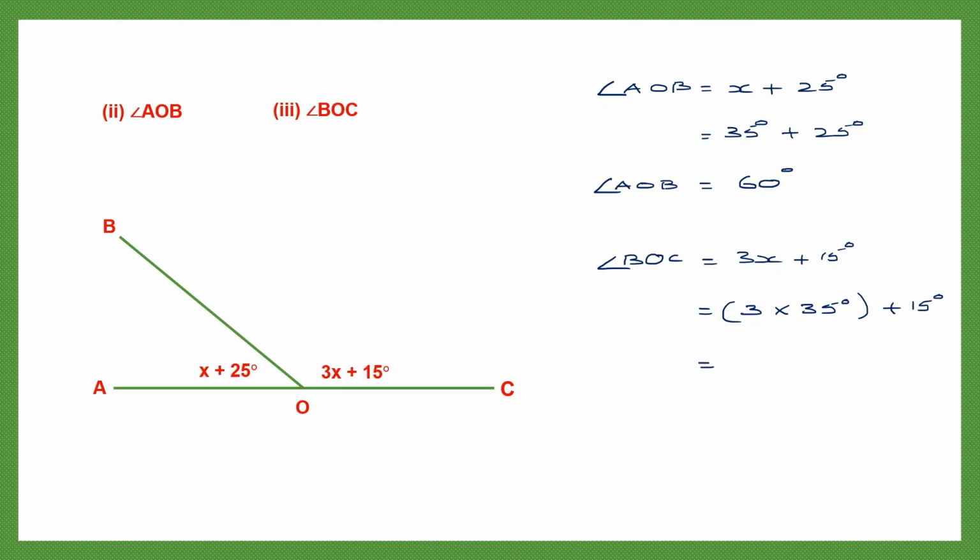So how much is 3 into 35? 3 into 35 is 105 degrees. Now add 15 degrees to this. 105 plus 15 is 120 degrees. So we found the value of angle AOB to be 60 and the value of angle BOC to be 120 degrees. So this is angle BOC.